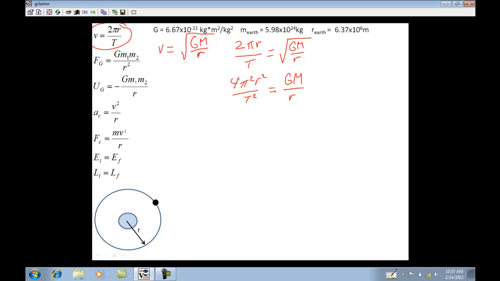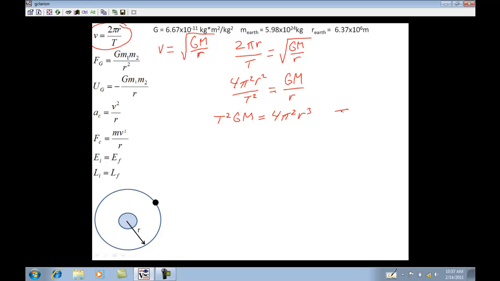If I cross multiply, I get T squared big G times big M is equal to 4 pi squared R cubed. Okay? And this says a few things.